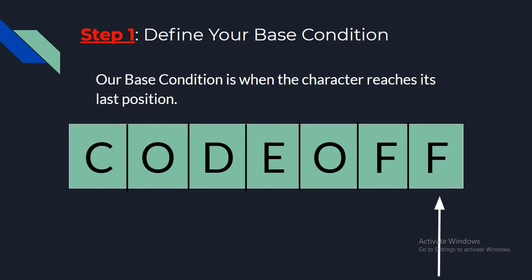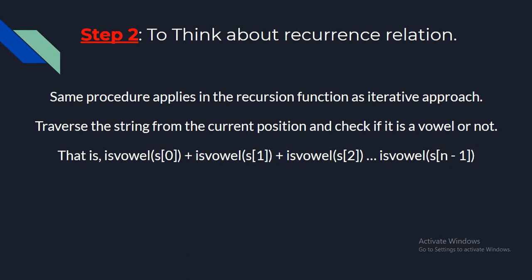Step 2 is to think about the recurrence relation, right? In iterative, we try to check every character. So in recursion, what could our recurrence relation be here too? We'll start from the 0th character, check if it's a vowel, and pause that state.